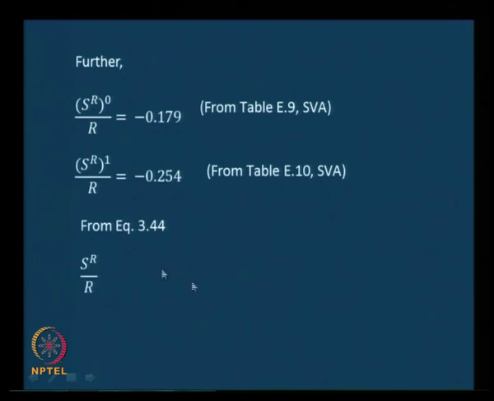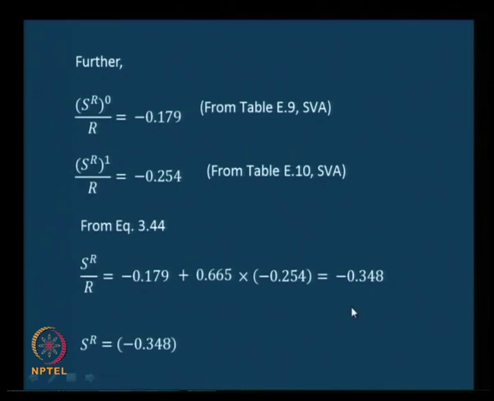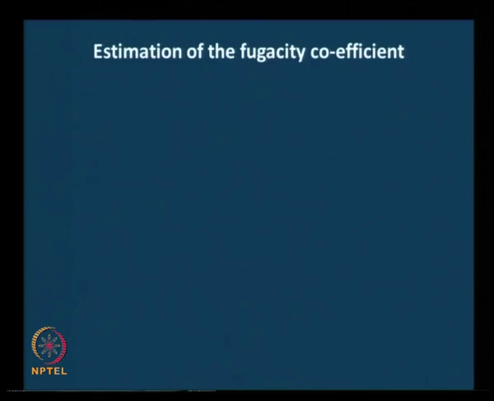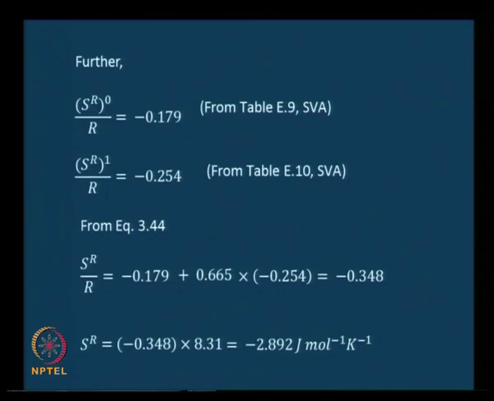Therefore, from equation 3.44, SR by R is SR0 by R plus omega times SR1 by R, which will turn out to be minus 0.348. Therefore, the SR value is minus 0.348 into R, which is 8.31, and that is minus 2.892 joules per mole per Kelvin. So, that is what we were expected to find.